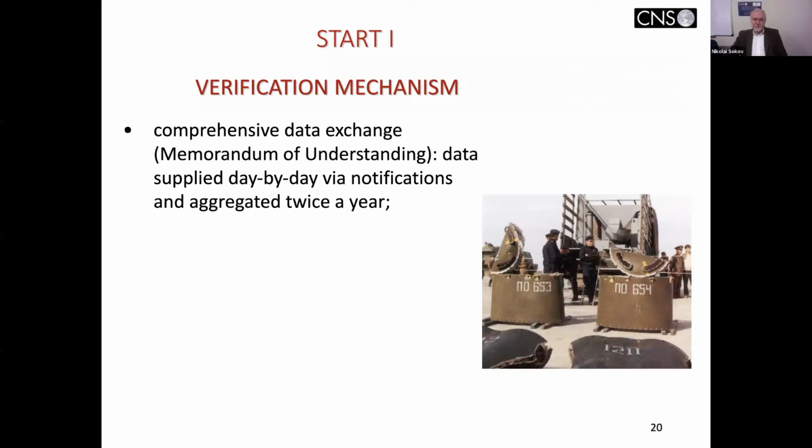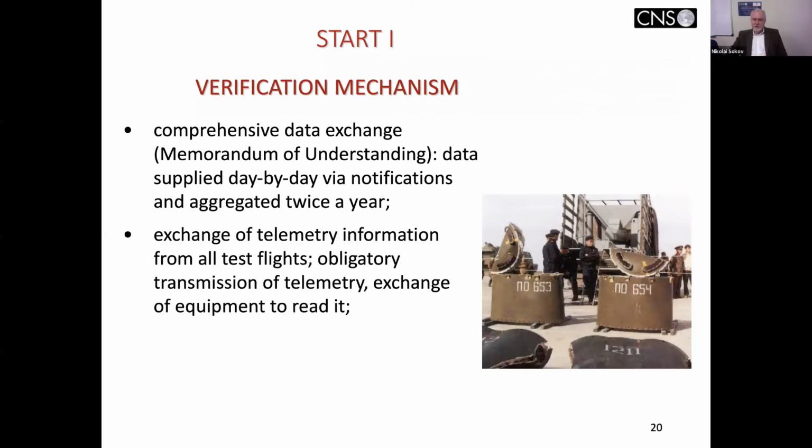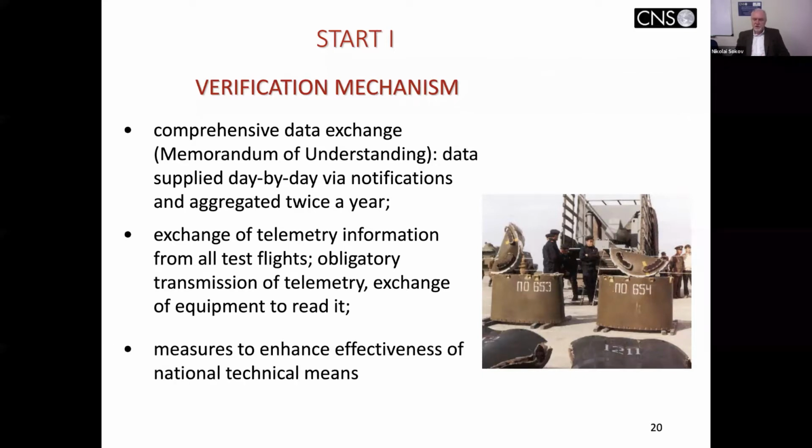So it's really massive data. Telemetry information from all flight tests, and you name it. So that was a very massive verification regime, with lots of transparency. I would say the downside of that regime was that it was way too complicated, quite cumbersome and very expensive. We'll come back to that in a few minutes.